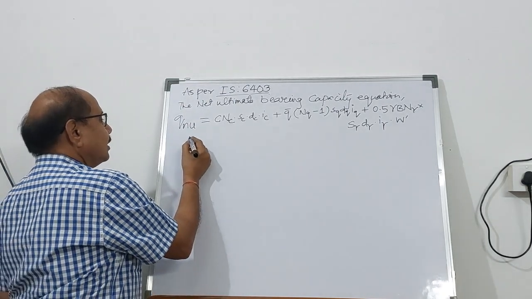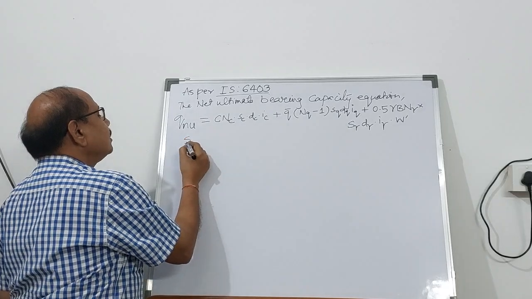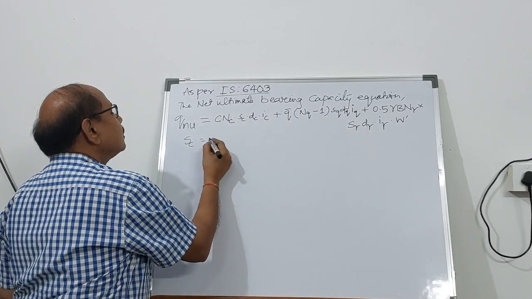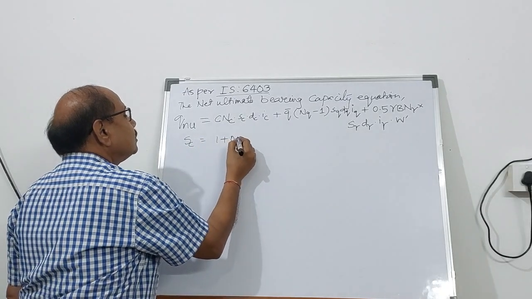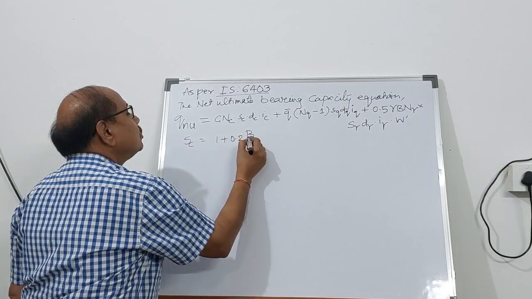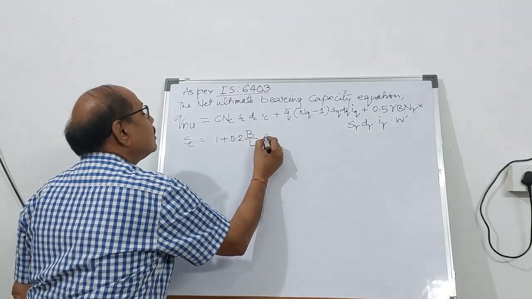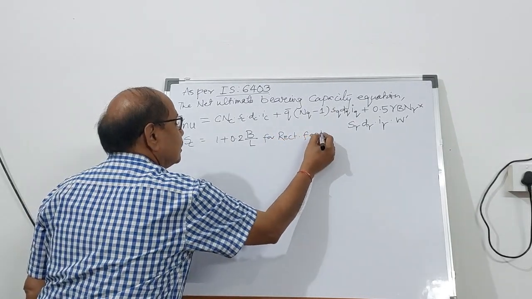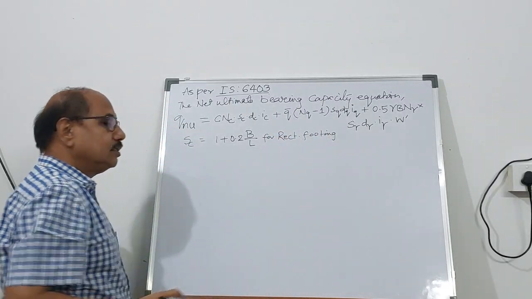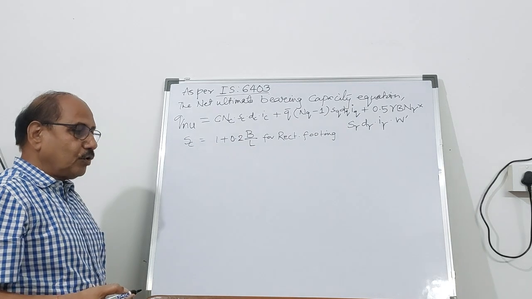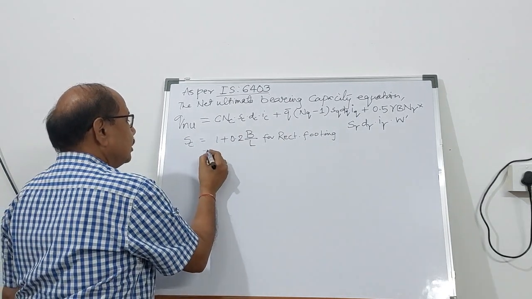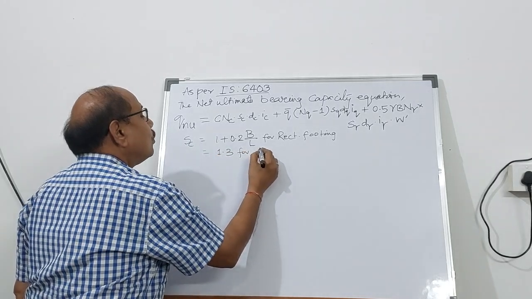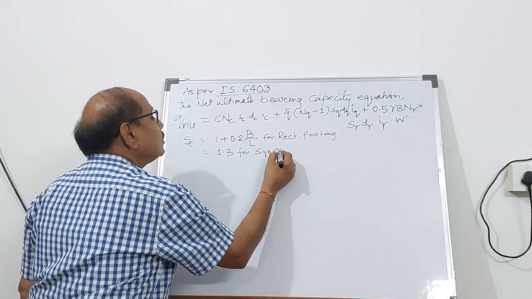So let's write what the shape factors are. Sc as per our codal provision is given as 1 plus 0.2 B by L for a rectangular footing. So if the footing is rectangular, you should take 1 plus 0.2 B by L. It is 1.3 for a square footing.